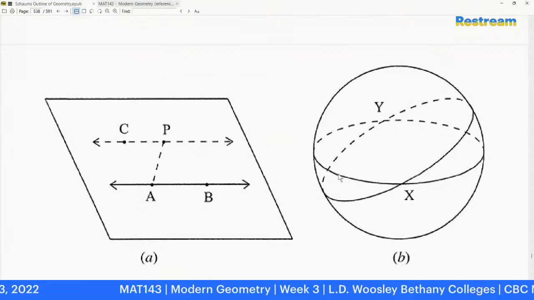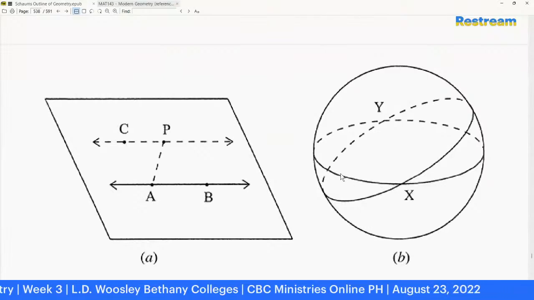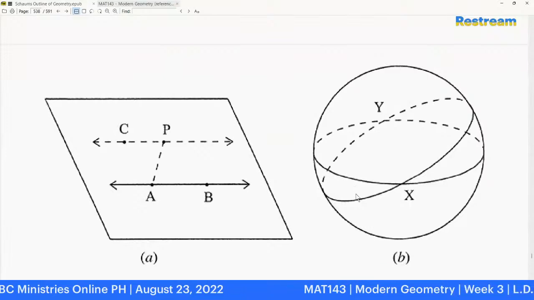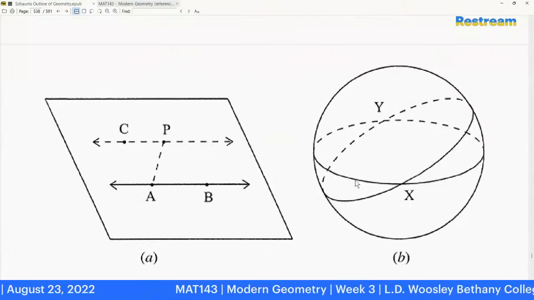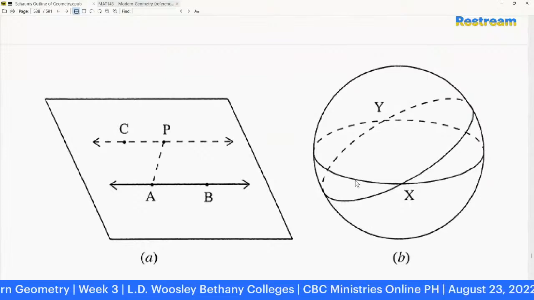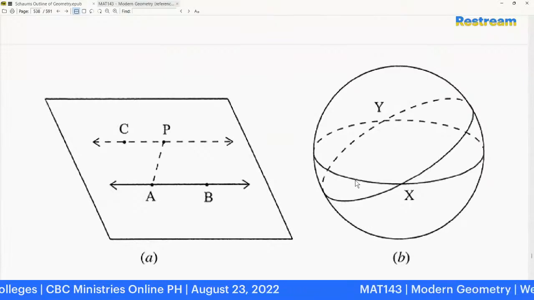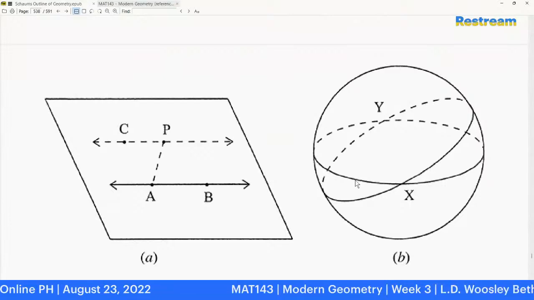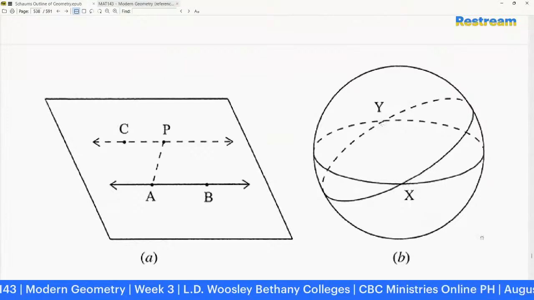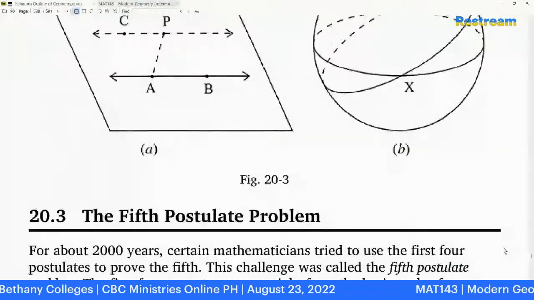In this portion, can you construct parallel lines? Ultimately, it will somehow intersect the first line, the first diameter. That is the contention on the fifth postulate. It is applicable to a flat surface but not to a spherical surface. This is where Euclidean and non-Euclidean geometry part ways. Does that make sense, guys? That is why it became known as the fifth postulate problem.